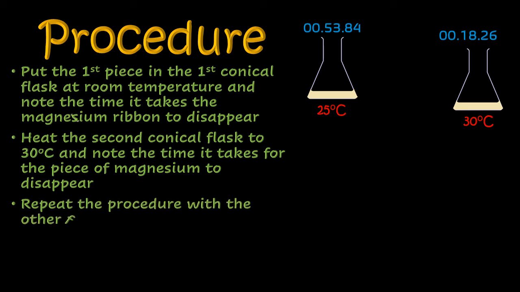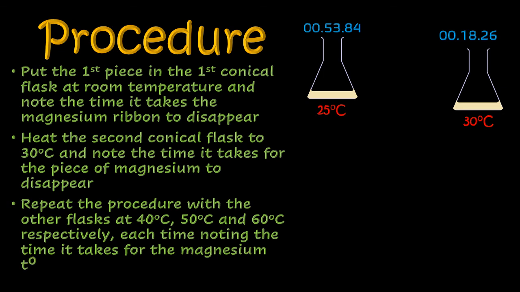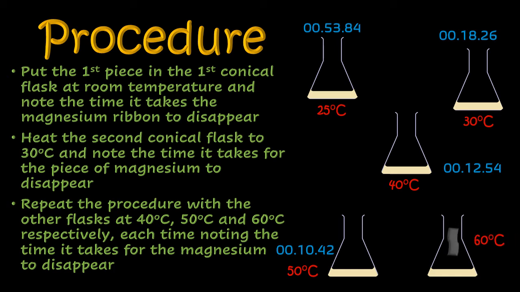So we'll repeat this procedure with all the other flasks, only that now we vary the temperatures to 40 degrees Celsius for the third one, then 50 degrees Celsius for the fourth one, and 60 degrees Celsius for the fifth one.